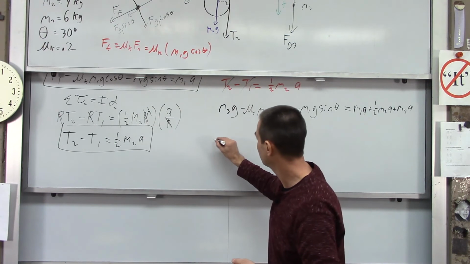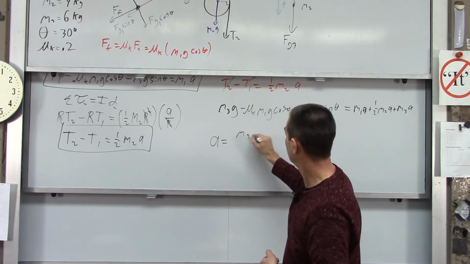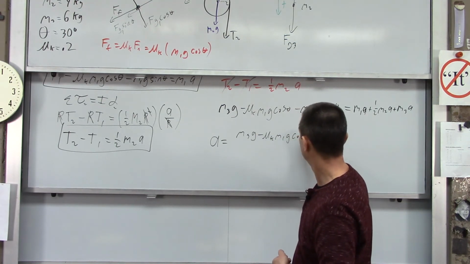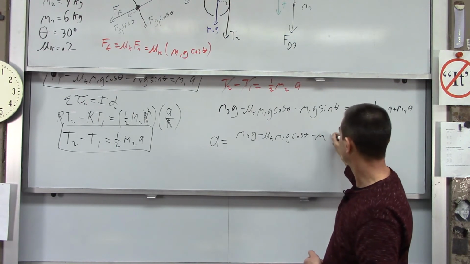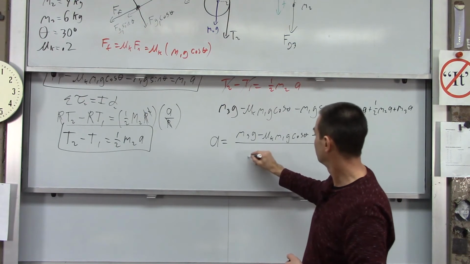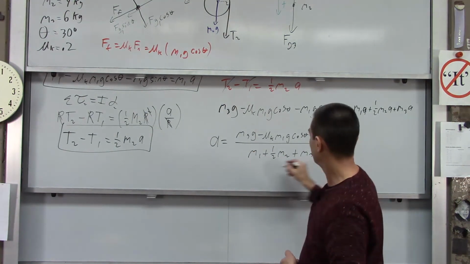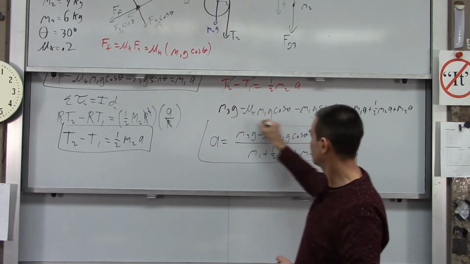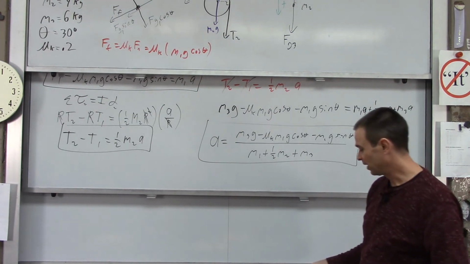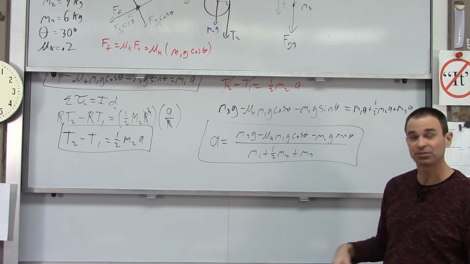So my final acceleration is all this, M3G minus mu sub k M1G cosine theta minus M1G sine of theta all over M1 plus a 1/2 of M2 plus M3. Okay, that is the expression for acceleration in terms of the givens. That's the algebraic expression for it.